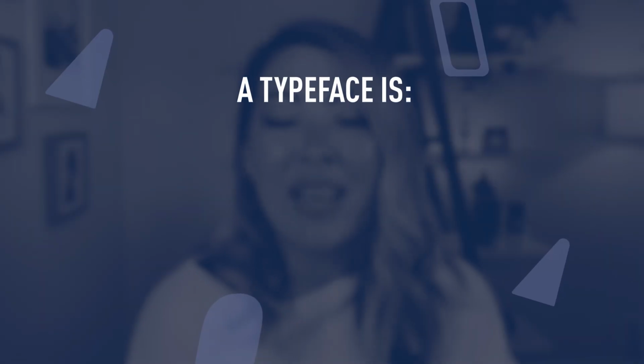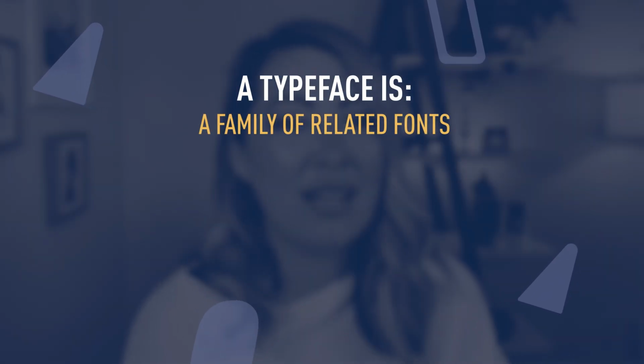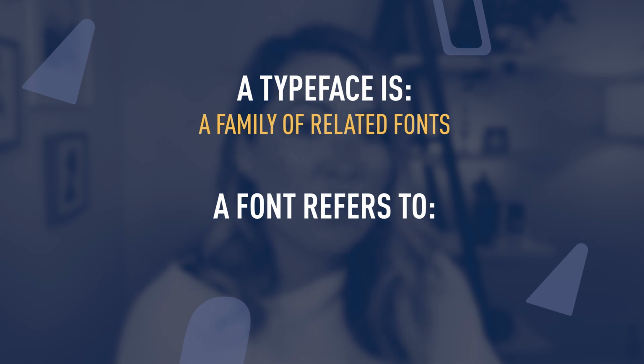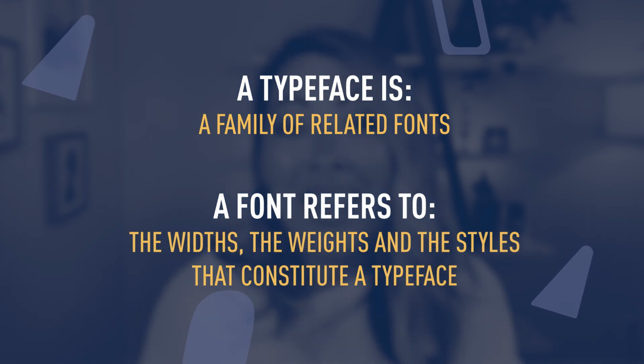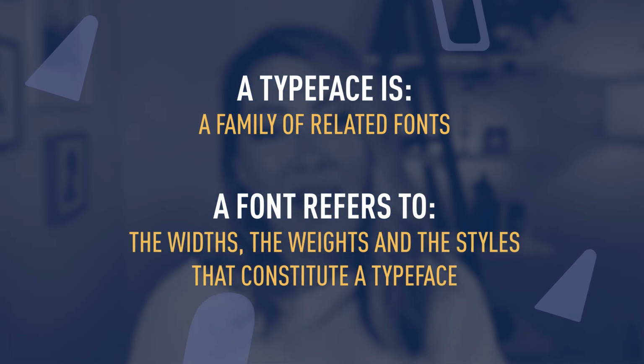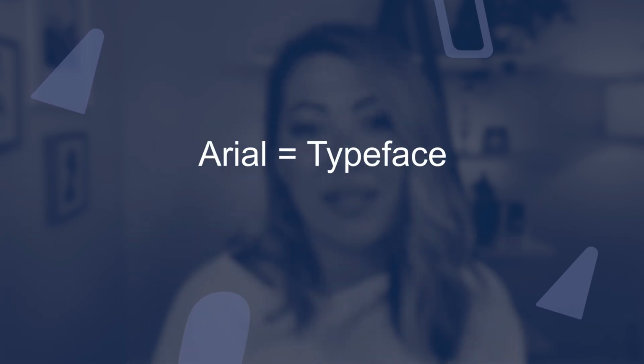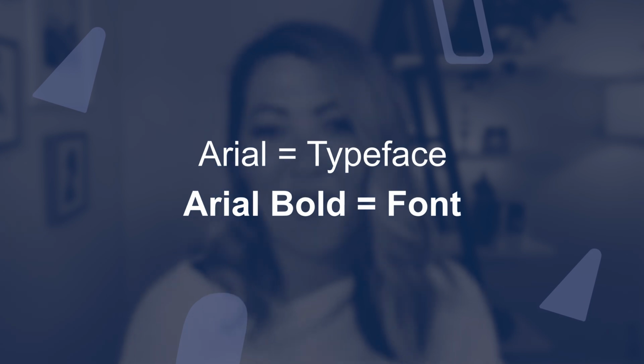The first is fonts and typefaces. A typeface is a family of related fonts, while a font refers to the widths, the weights, and the styles that constitute a typeface. For example, Arial is a typeface and Arial Bold is a font. Typographical hierarchy is the process of using sizing, colors, contrast, and alignment to guide the users on what they should pay attention to first. So for example, size.